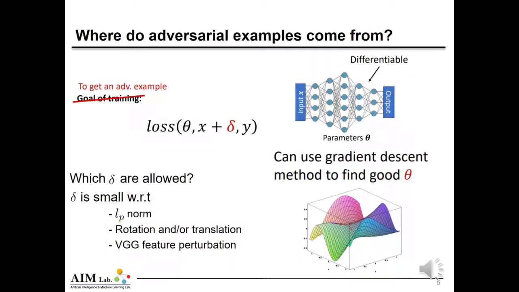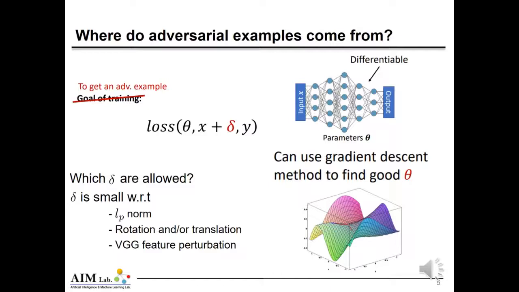What we're trying to do when we do training is essentially find a setting of parameter theta that minimizes the loss on our training examples. Our models are differentiable in this parameter theta, so we can use gradient descent to find a good setting of theta. Unfortunately, the fact that deep learning networks are so convenient to optimize also means that adversarial perturbations can be applied in the same way.